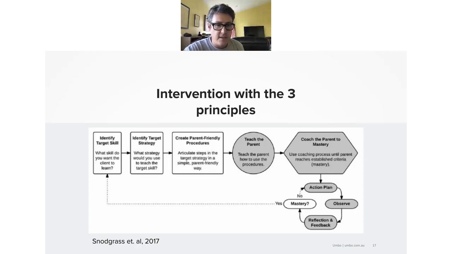So we identified, after I spoke with the family, that they wanted to be able to get her from the front door into preschool without having those meltdowns. And we needed to figure out a way to do that, removing those different elements that were in her way, basically, and causing her that distress.